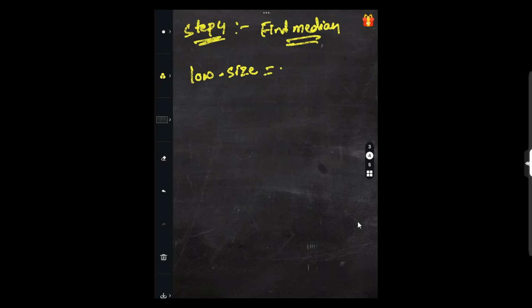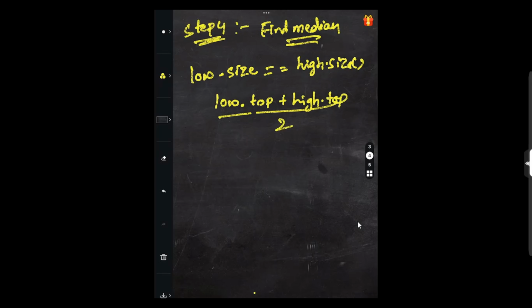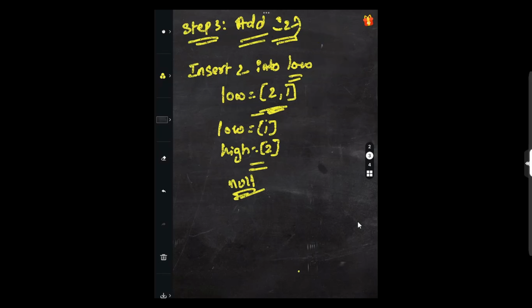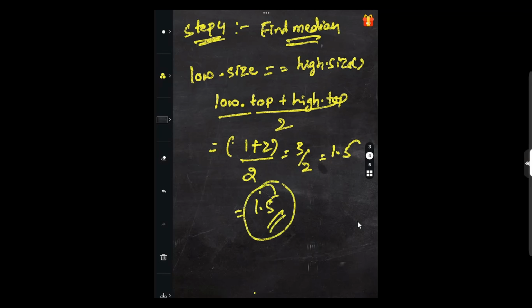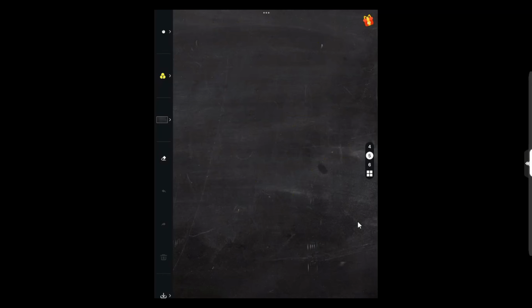If size is equal to the size of high, then median will be low.top plus high.top divided by 2. In this case, low is 1 and high is 2, from the previous step. Nothing but 1 plus 2 by 2, which is 3 by 2. In this case, the output is 1.5. So the output is 1.5 for the find median method.